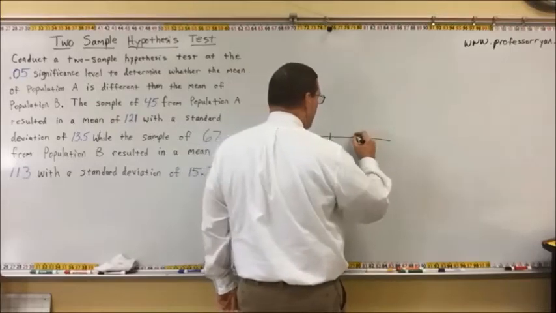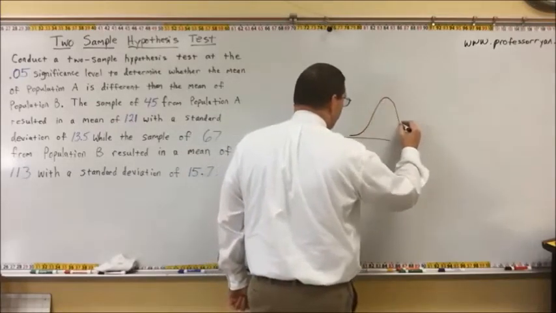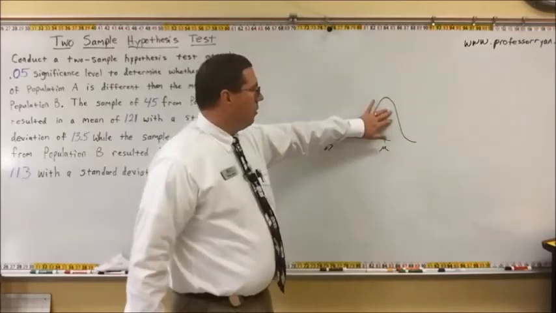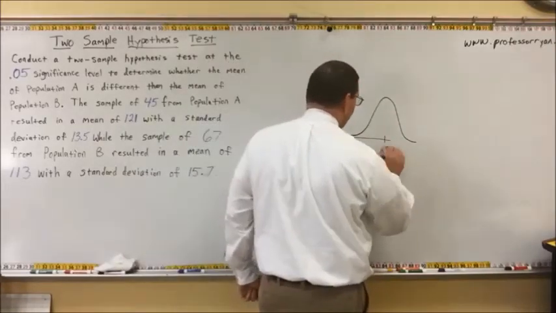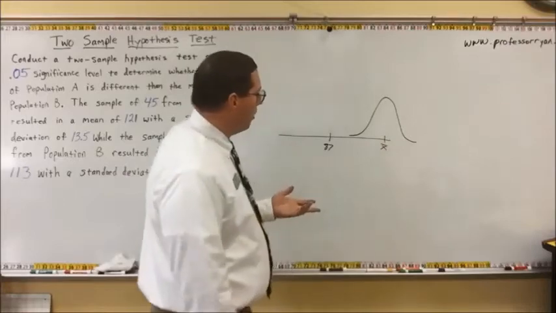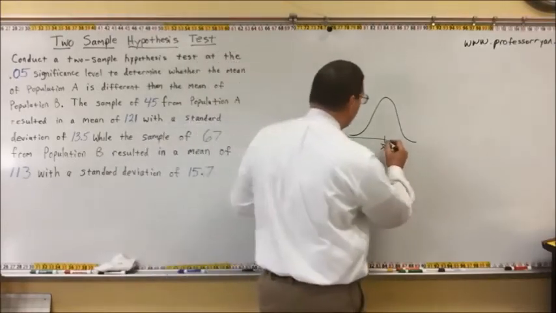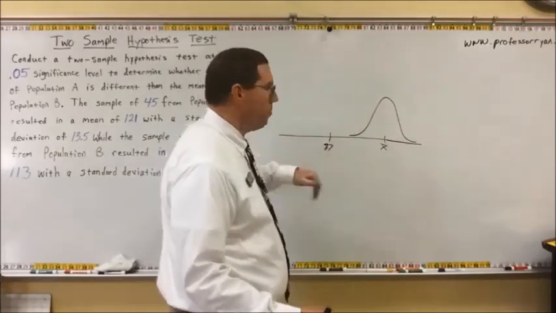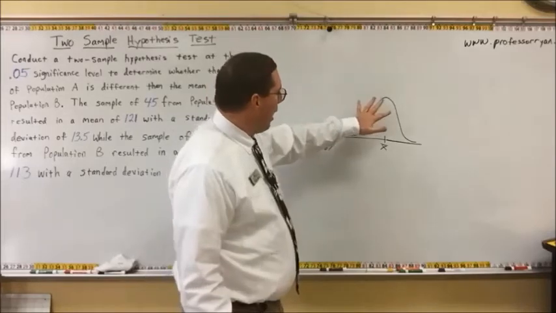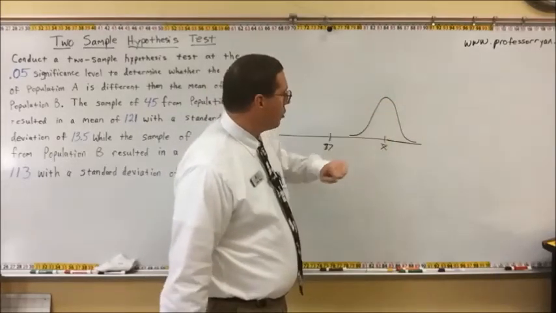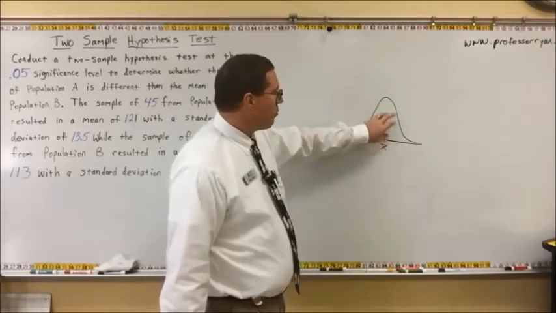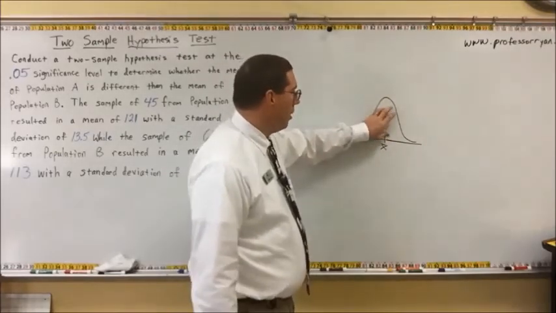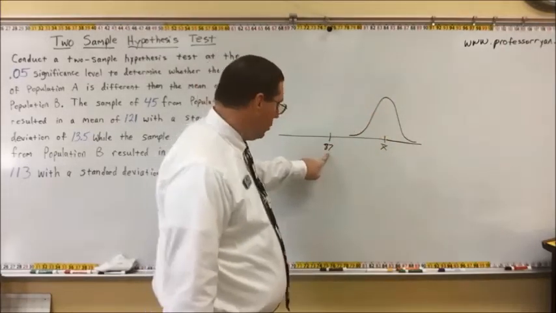Sometimes the probability distribution might be over here, and here is the sample mean. What is the likelihood that this sample came from a population that has a mean of 87? With how far away this distribution curve is from this sample, it's less likely that this sample came from this population.